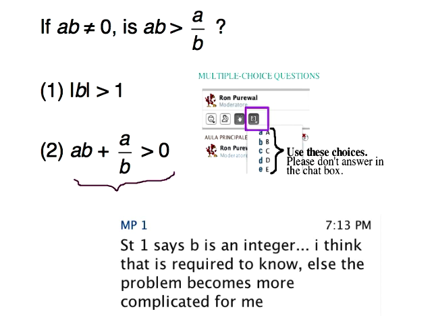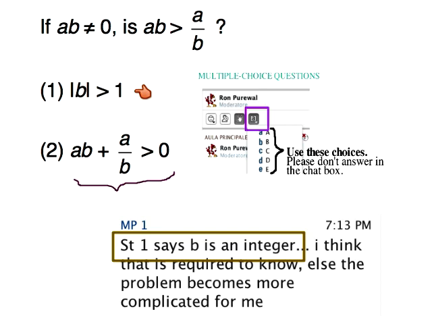Are you guys all seeing the same problem on the screen? Statement 1 just says the absolute value of B is greater than 1. Is that what you see? Okay, so we're good there.